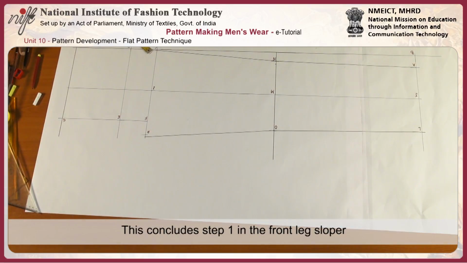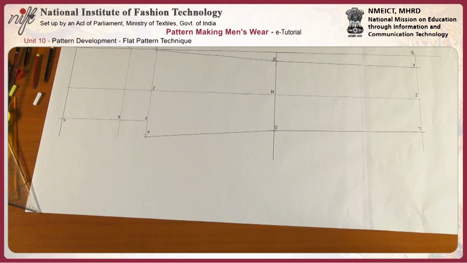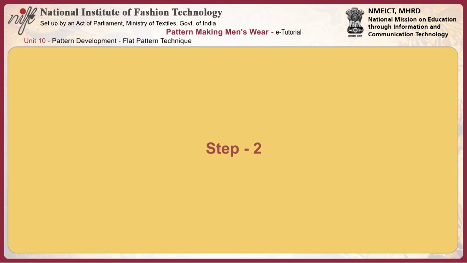With this, step 1 in the front leg sloper concludes. Let us move to step 2 using the step 1 draft.